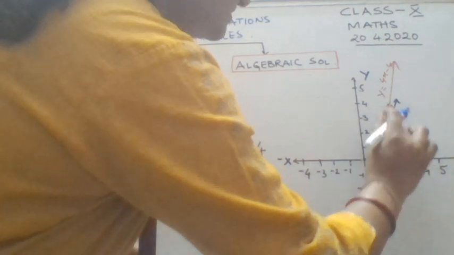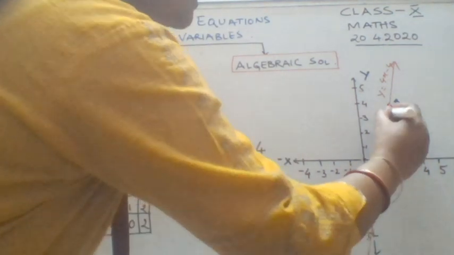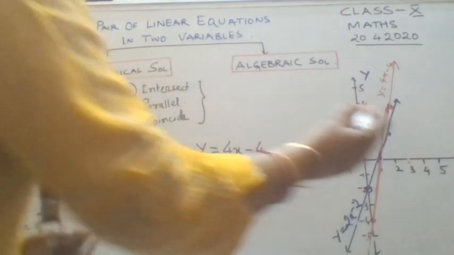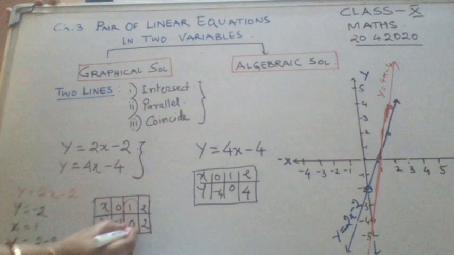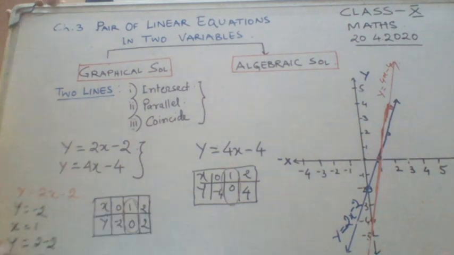These 2 lines meet at this particular point 1 comma 0. This is the point where the 2 lines intersect. Graphically also you find this is the point which is same in both these equations. So the 2 lines meet at this point, x equal to 1, y equal to 0.